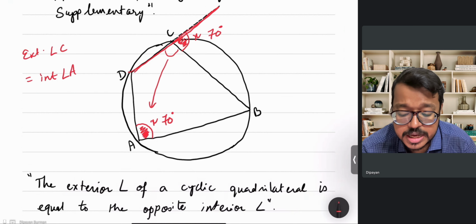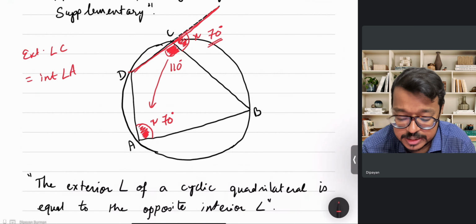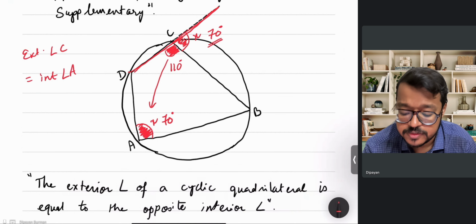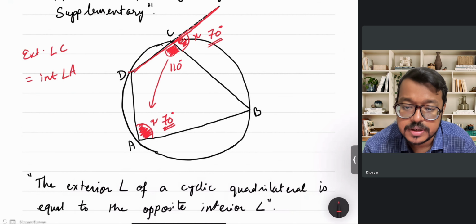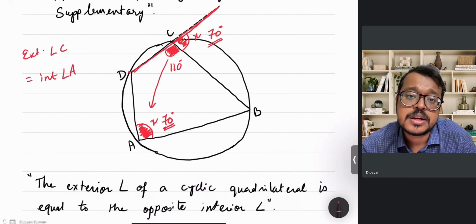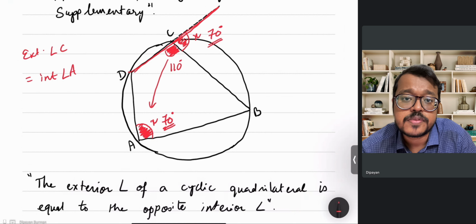And then if I look at the previous theorem that opposite angles of a cyclic quadrilateral are supplementary, interior angle C and interior angle A will add up to 180 degrees. So that's the reason why angle A has to be 70 degrees. So these are all the angle and cyclic properties of a circle.